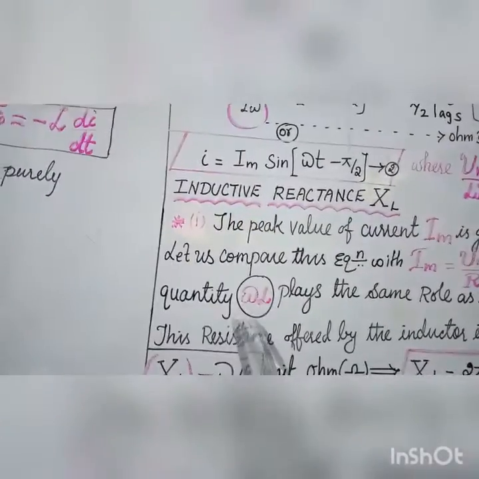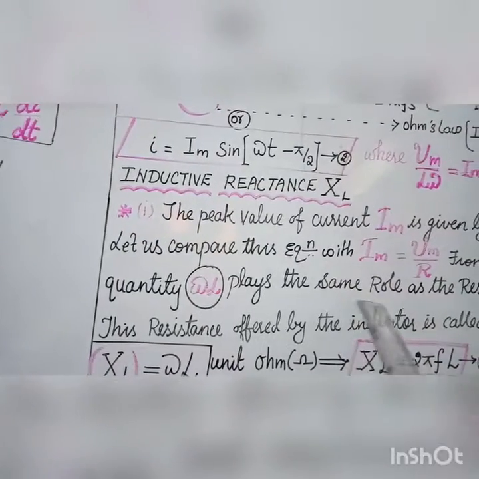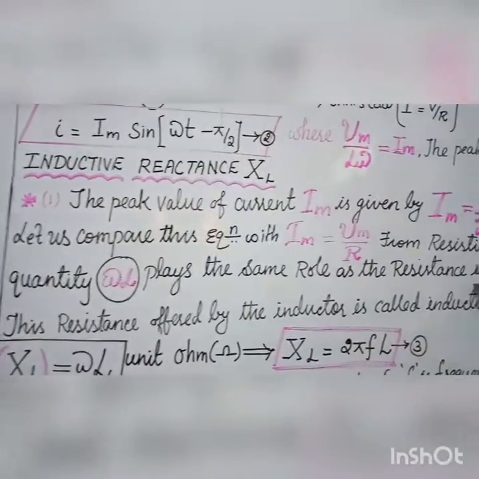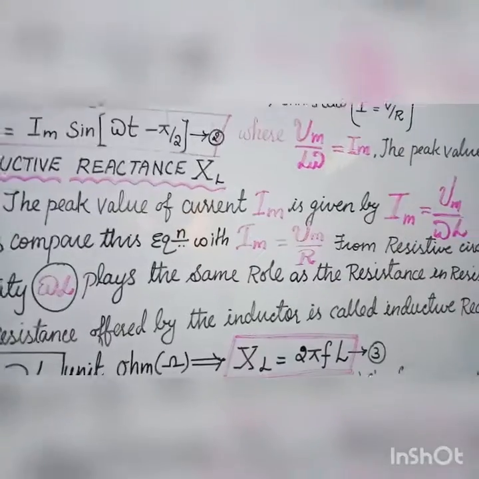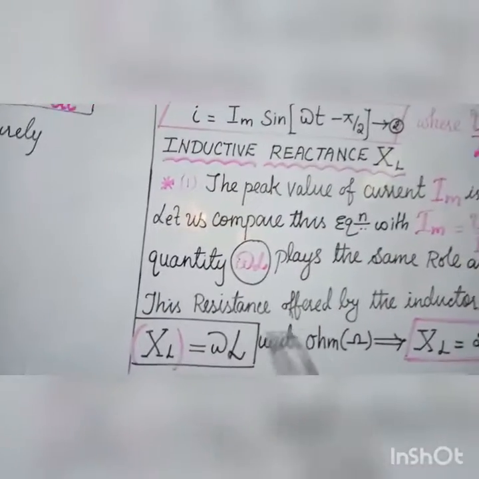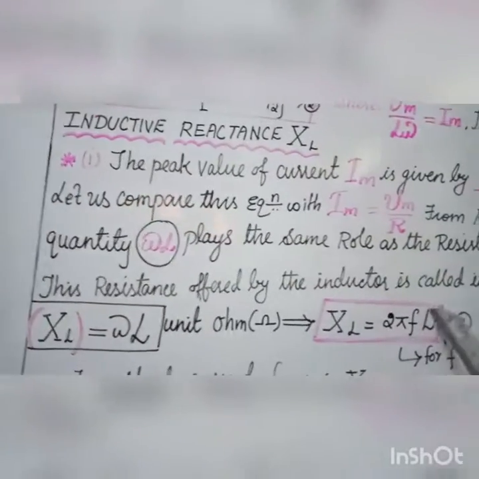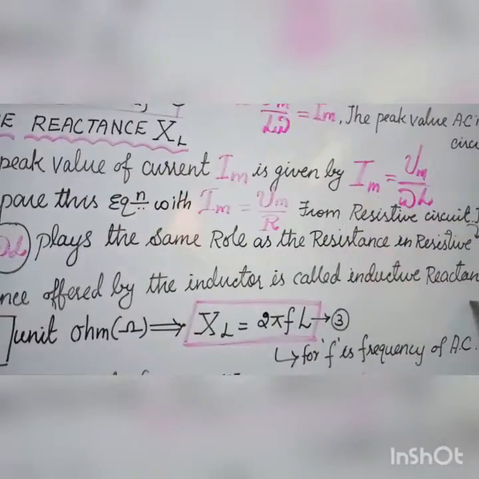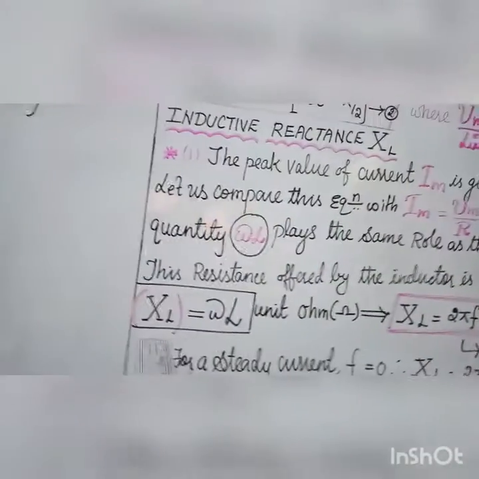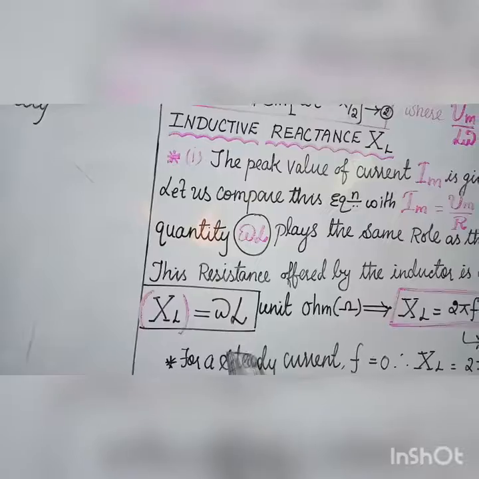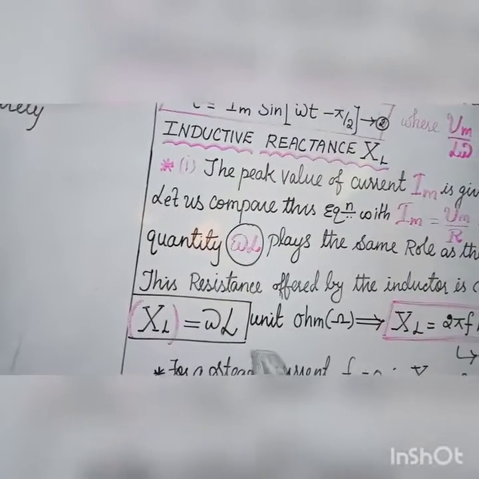The quantity omega L plays the same role as the resistance in a resistive circuit. This resistance offered by the inductor is called the inductive reactance. The inductive reactance XL is equal to omega L, and its unit is the ohm.